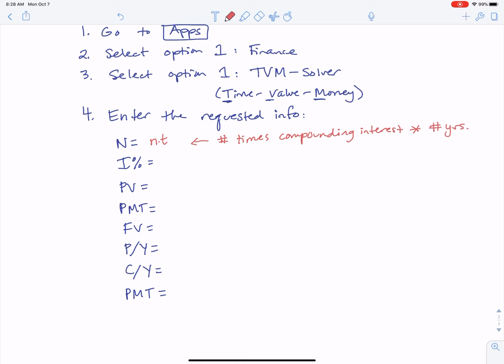So when I say number of times compounding interest, that's like if it's monthly, it would be 12. Daily would be 365, and then your number of years. I%. So if you notice, this says percent here. So that means when you're typing this in that you actually put your percent in, not as a decimal.